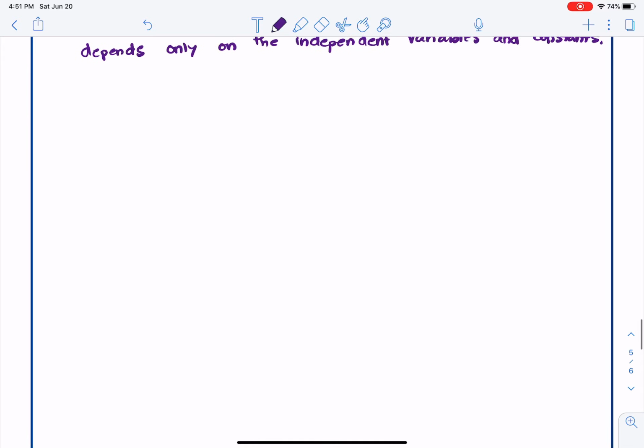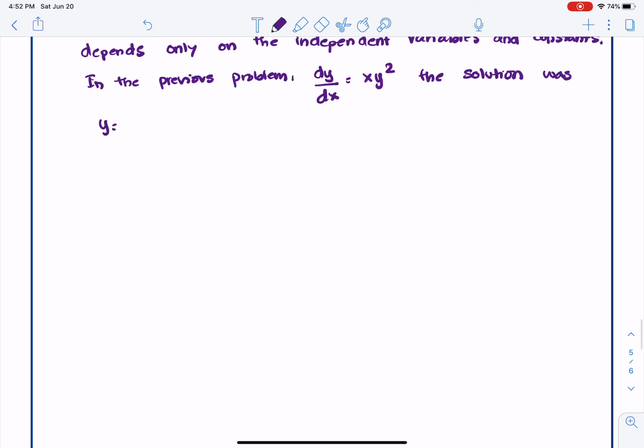So, for example, in the previous problem, dy over dx equals xy squared. That was our differential equation. The solution that we verified was y equals negative 2 over x squared.